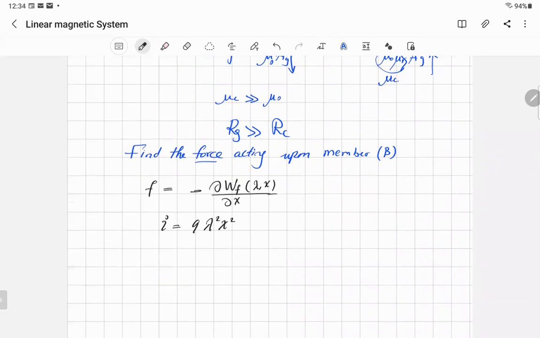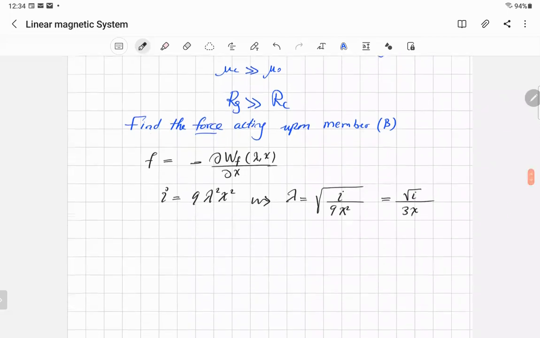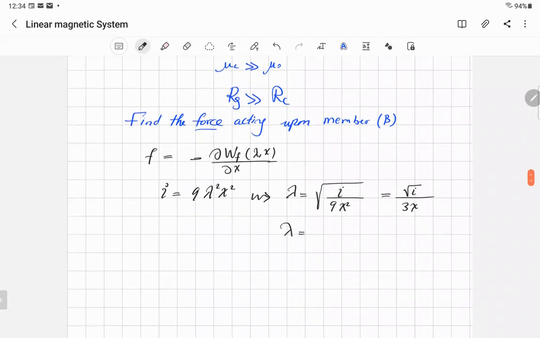So lambda will be equal to the square root of I divided by 9x squared, which equals the square root of I divided by 3x. So you can say lambda is equal to 1 over 3x times I to the power half. That's lambda.